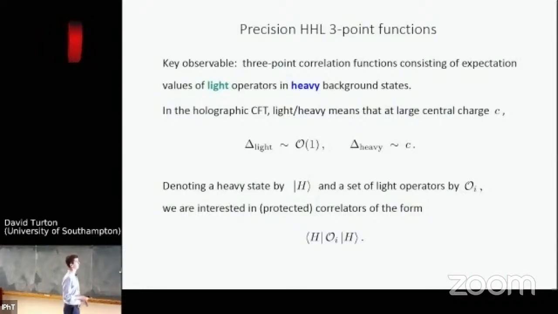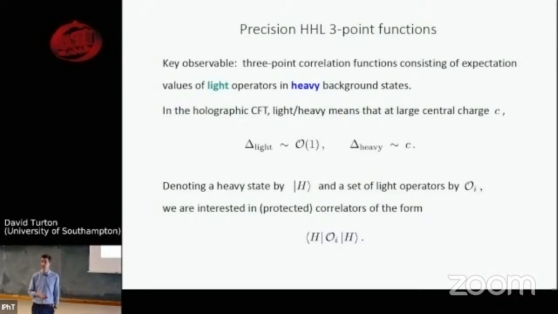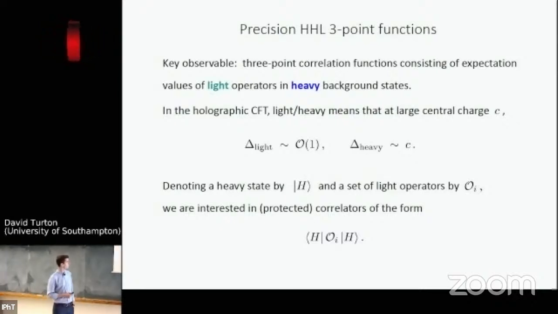Okay, so to improve on this, we do some precision holography. We compute a heavy-heavy-light 3-point function, which is protected between gravity and the orbifold CFT. So it's the expectation value of a light operator in this heavy background. Light means that the light operator has a dimension of order 1, and heavy means the operator has dimension of order the central charge.